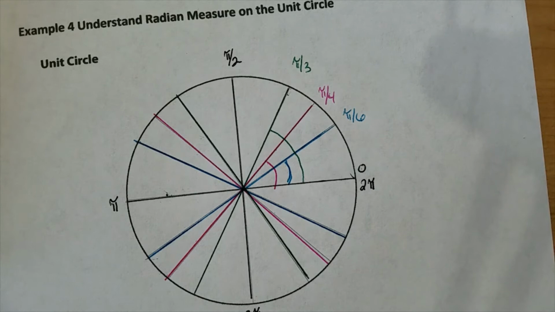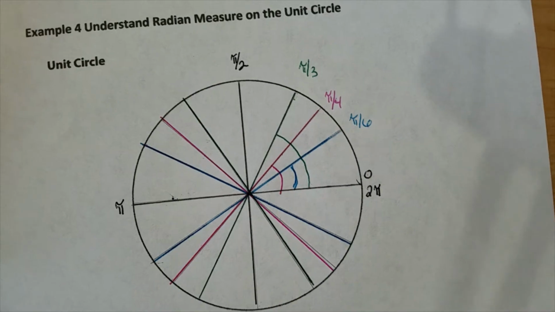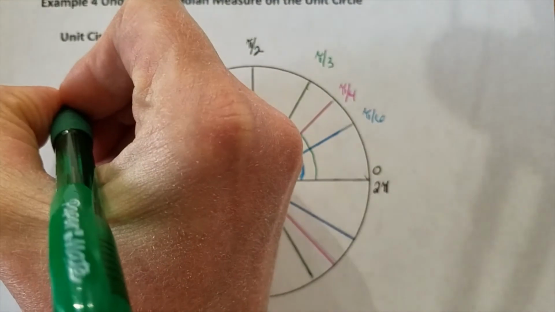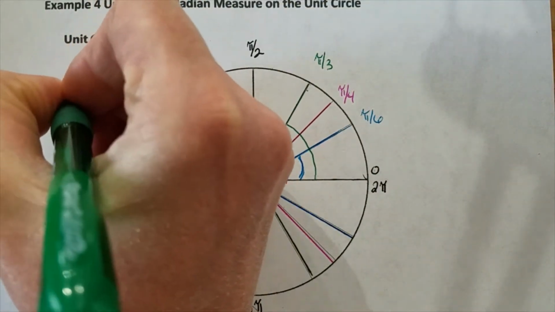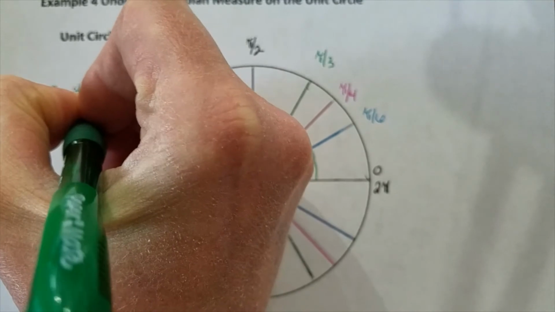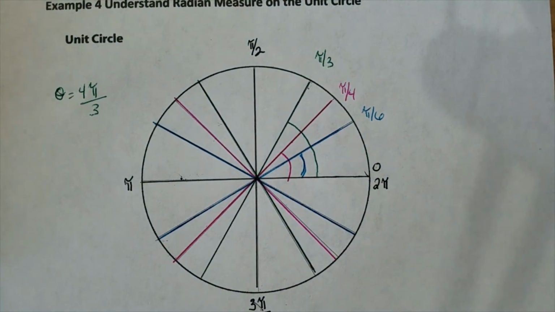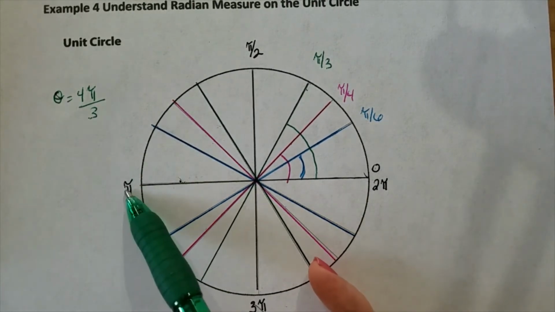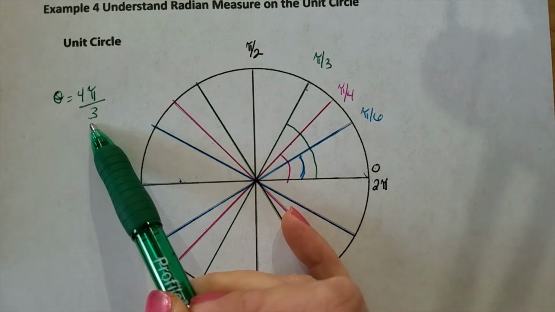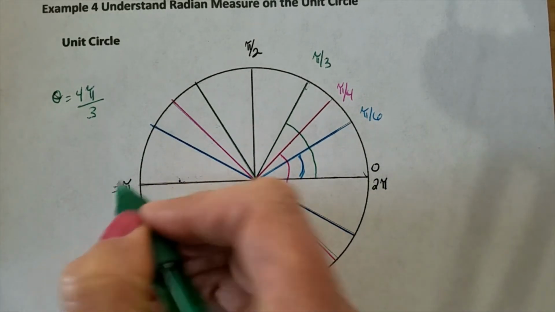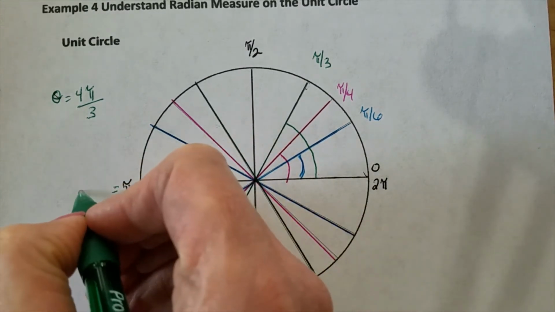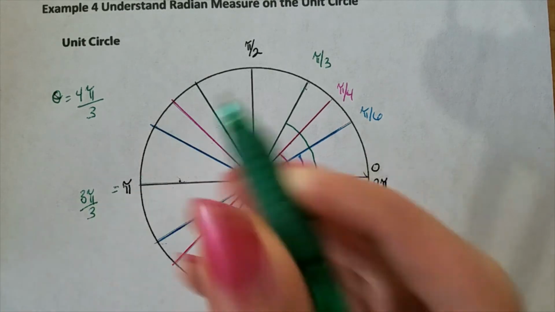Now, in your book, it asks for the measurement of, I believe, 4 pi over 3. So theta equals 4 pi over 3. Okay, easy way to do this. I'm going to rewrite pi so I have a common denominator. If I'm looking for something with a 3 in the denominator, this is super simple. That means this is 3 pi over 3, right?